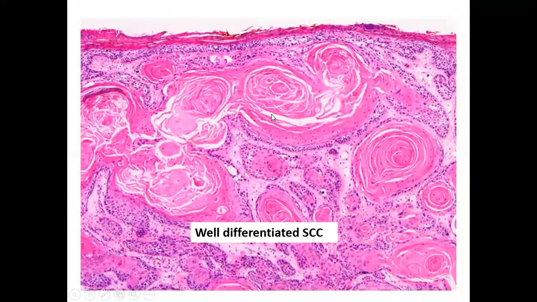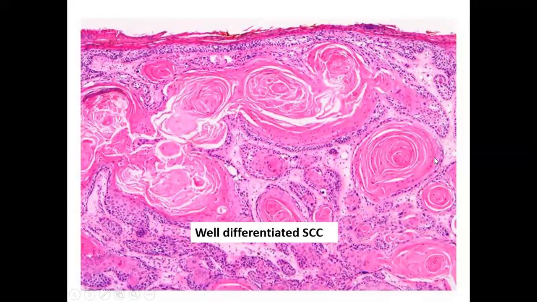This is a well-differentiated squamous cell carcinoma. These are the nests of squamoid cells, which are showing architectural and structural atypia, but retaining desmosomal junctions, seen infiltrating the upper or lower dermis, and these nests are seen separated from the overlying epidermis.